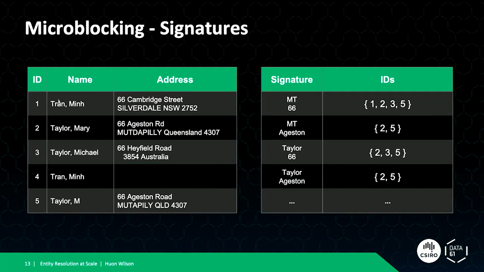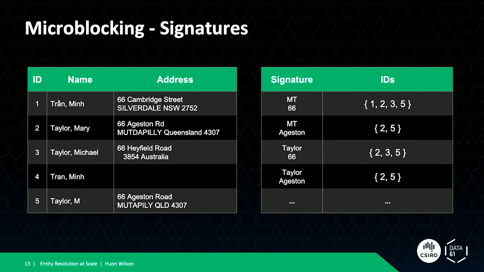Once we've created all of these reverse indices, we can then put them into a table where we have the candidate signature on one column and the IDs in another column. The sets of IDs, I should say, in another column. This is the key step that will connect records to try and find the true entities. And hopefully, when two records correspond to the same true entity, like the 2 for Min Tran, they will exist in the same block.